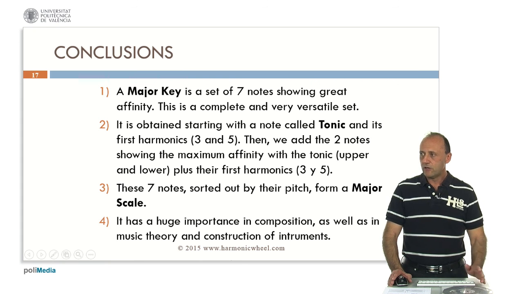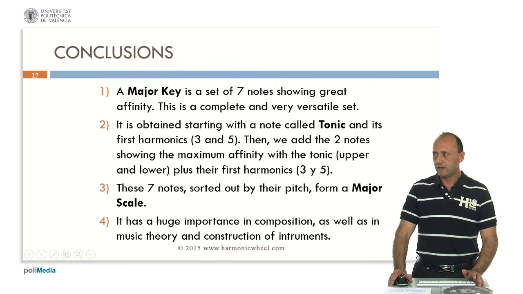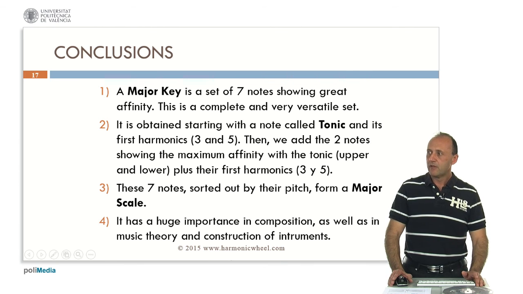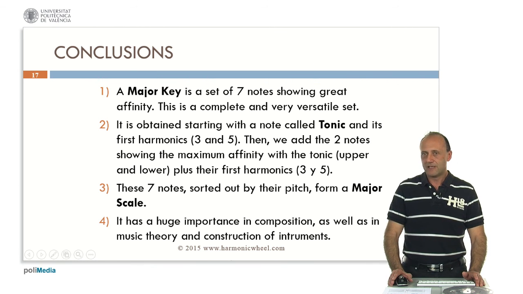Then we add the 2 notes showing the maximum affinity with the tonic, an upper note and a lower note, plus their first harmonics, 3rd and 5th. This way we obtain 7 notes which form the major key. If we sort these notes by their pitch, we obtain the corresponding major scale.